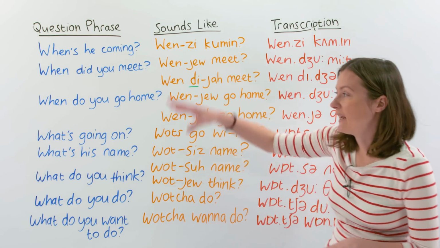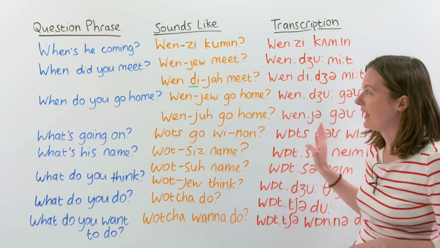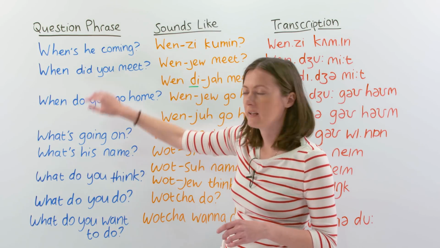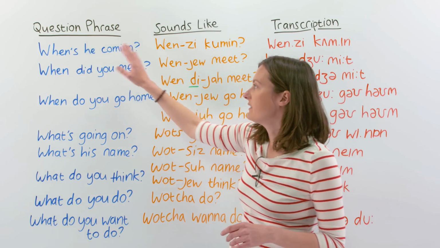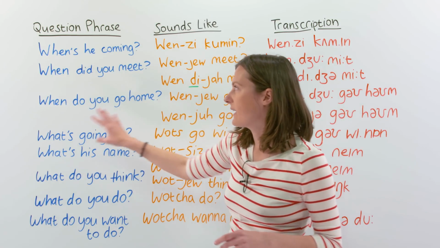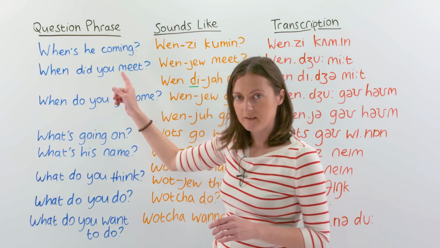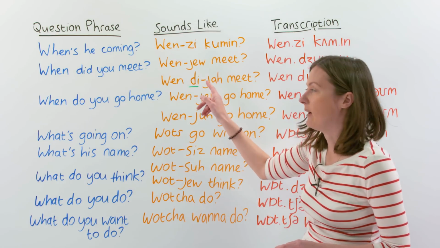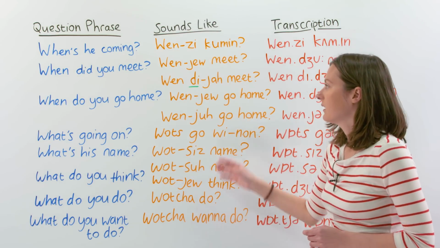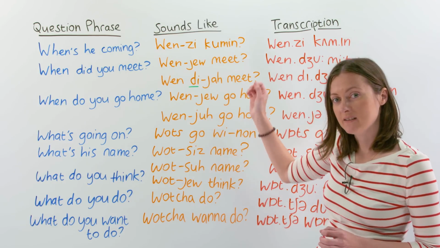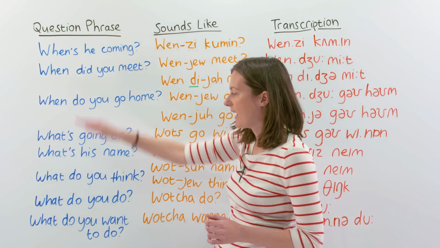Let me explain the columns I've got here. Here we have the question phrases, and here this is written in sentences that you can understand, normal English sentences. This is what we write, but this column is what we say. This is the difference between the sounds that we make in the sentences and what we write.